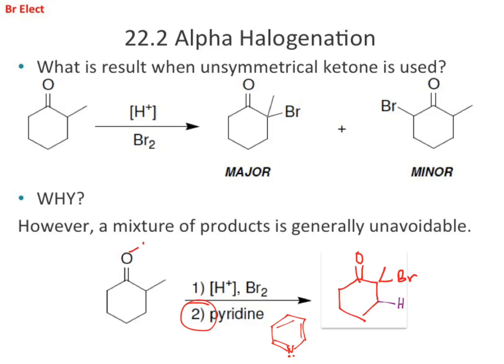So our base comes in, removes the hydrogen, and we end up with now a lone pair on that carbon. Negative charge. Does it want to be negative? No. So what does it need to find? Positive. Is there something positive nearby? Say a carbon that has an electron withdrawing bromine on it?